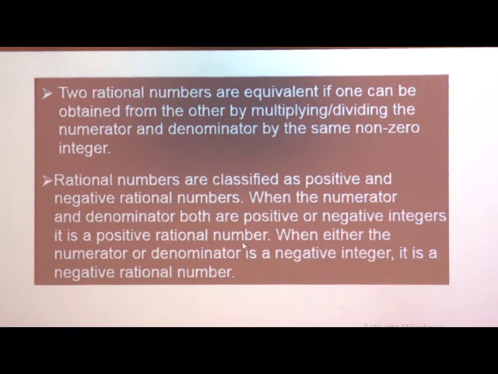If the denominator and the numerator both are negative, the negative signs get cancelled, so the given rational number will be a positive rational number. So, these are known as positive rational numbers.